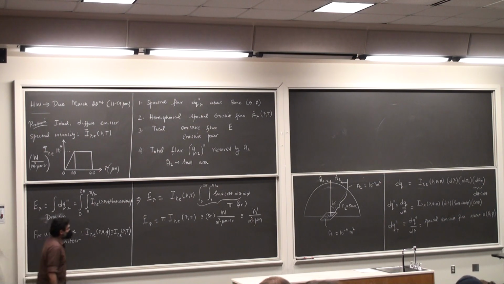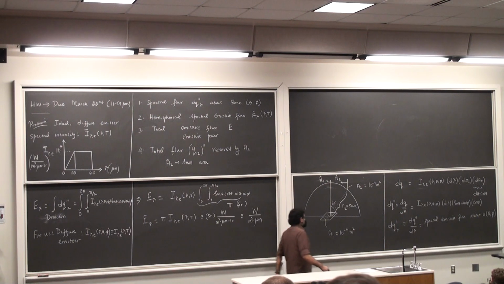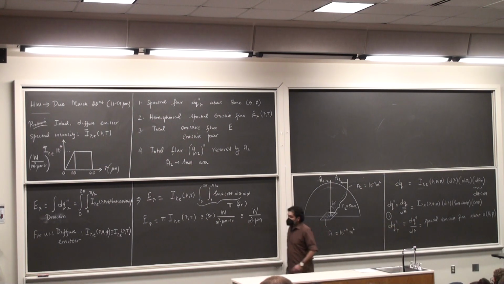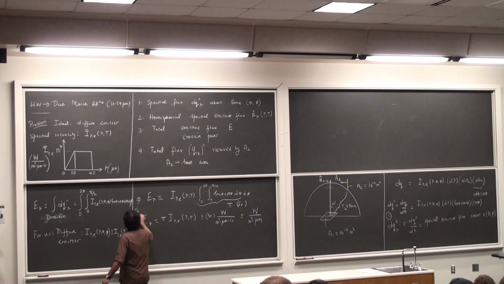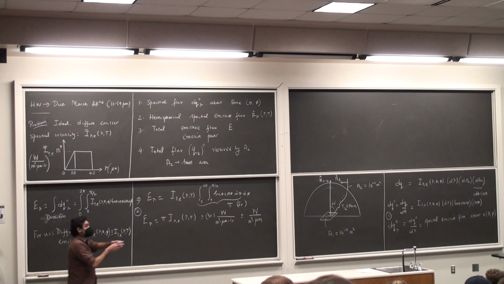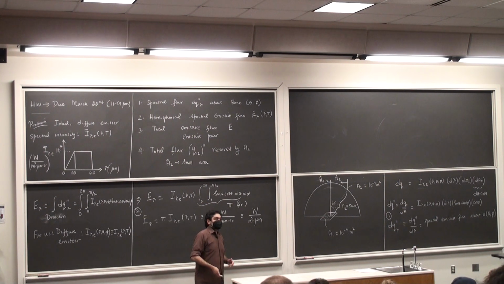This is, so let me label, this is part 1 of the problem, answer for part 1. This is part 2. Part 3 of the problem, I just need to obtain the total emissive flux, which is just the integration of E lambda over all the wavelengths. Okay?